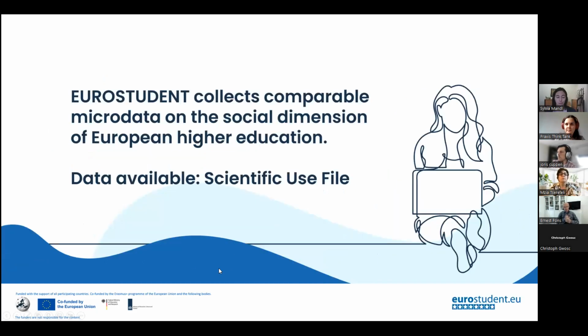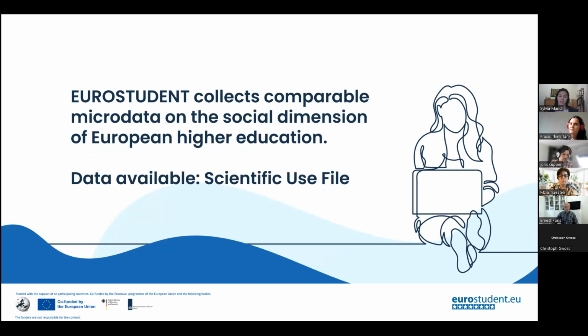Most of you might already know that EUROSTUDENT collects data on the social dimension of European higher education. Since the last round, round 7, several countries also offer their microdata.